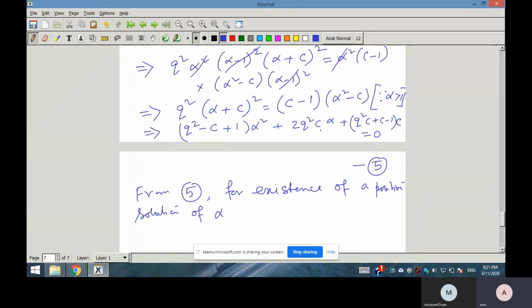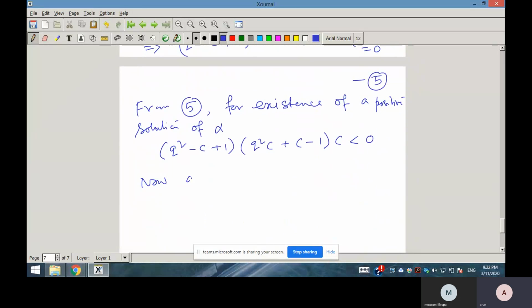If you apply that, then you can show that for existence of a solution of alpha, this should be satisfied: a into c should be less than 0. That means (q square minus c plus 1) into (q square c plus (c minus 1) into c) should be less than 0.